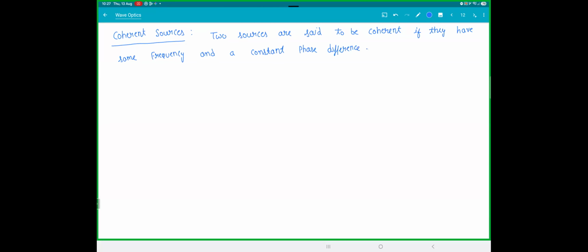Amplitude can be anything. So this word is important. A constant phase difference.